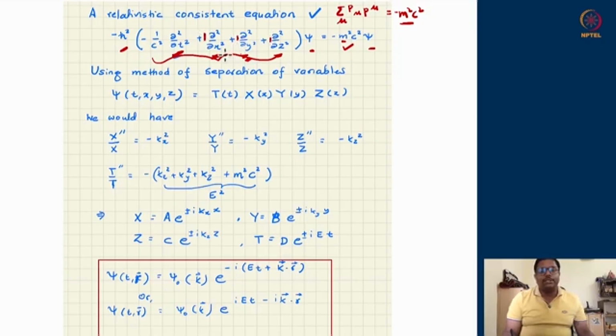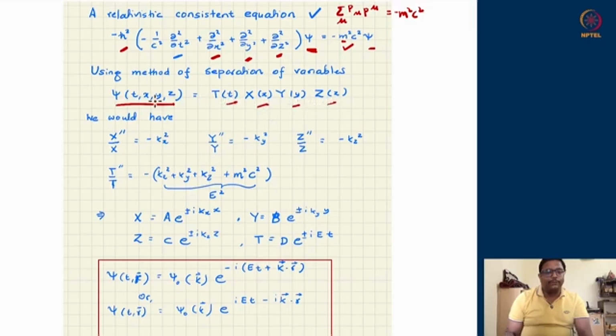There is no coefficient which is a function of x, y, z, or t. In that case, where all the derivatives are separate and all the coefficients are constants, we can employ the method of separation of variables, so that the wave function we are after is a separable function of the individual variables t, x, y, z.